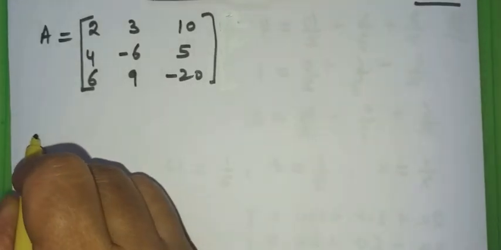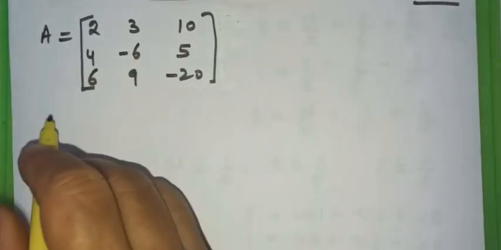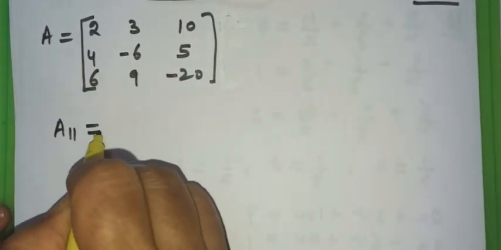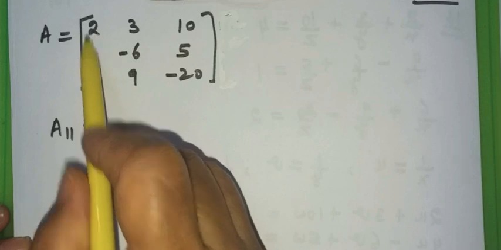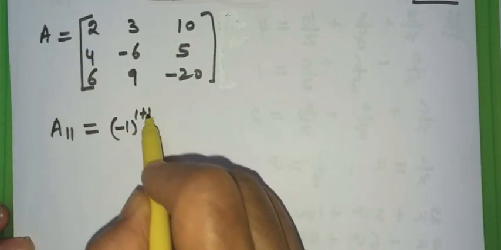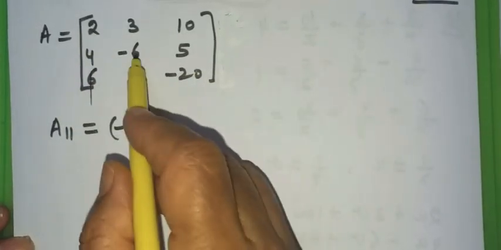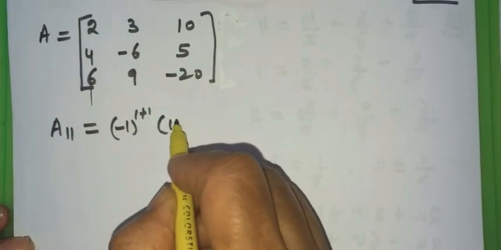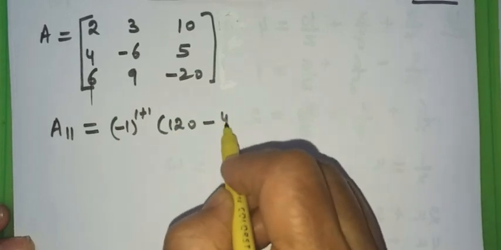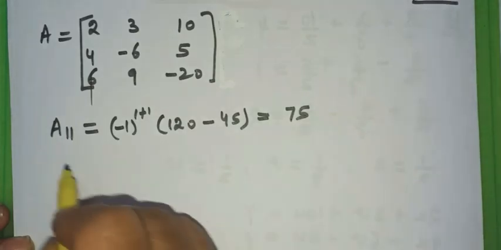Let us find the cofactor of all the elements of this matrix. So the cofactor of the first element A11: neglecting the row and the column and multiplying the minor by minus 1 raised to the power 1 plus 1, the minor will be 20 into 6 is 120 minus 45, and that comes out to be 75.